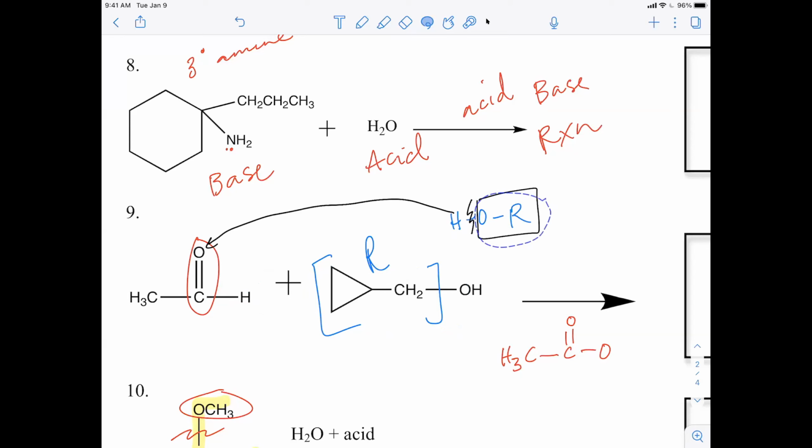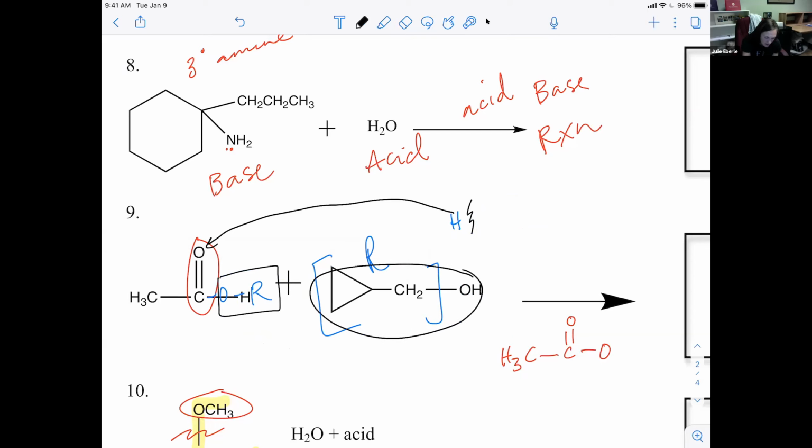But I'm just confused on how I would draw that triangle. You just draw it exactly as is. Oh, and I just put a bond in between it? Okay, draw it how you think and then share your screen with me.